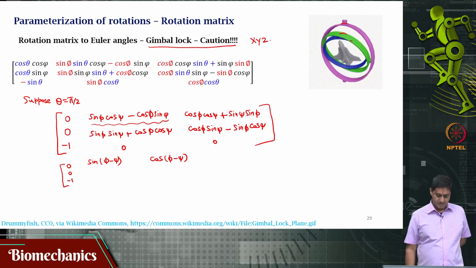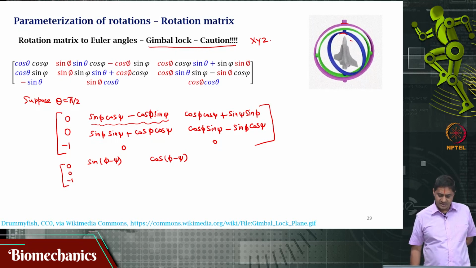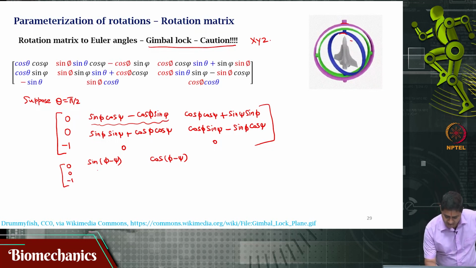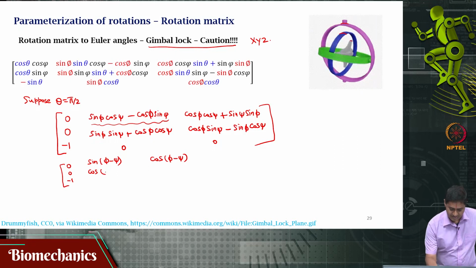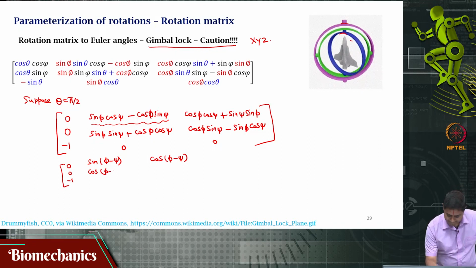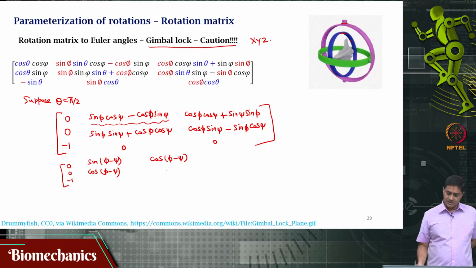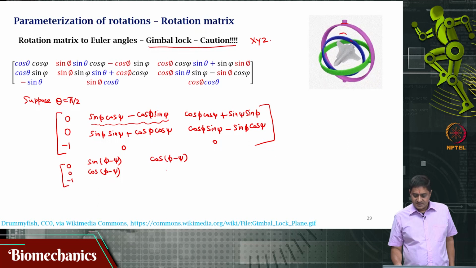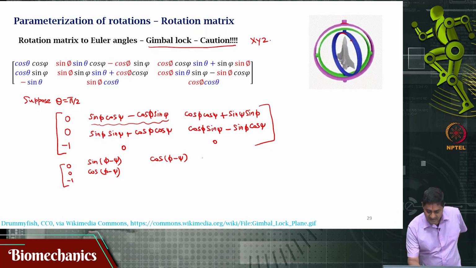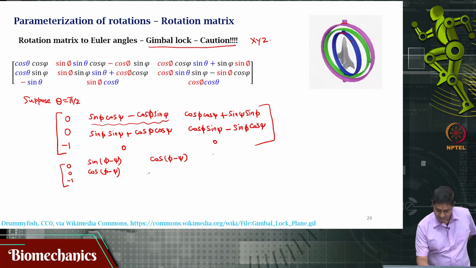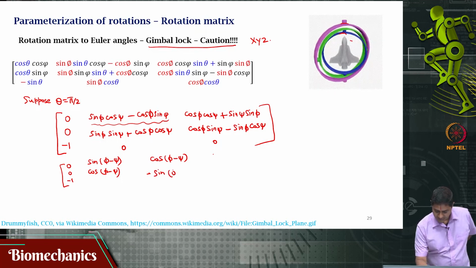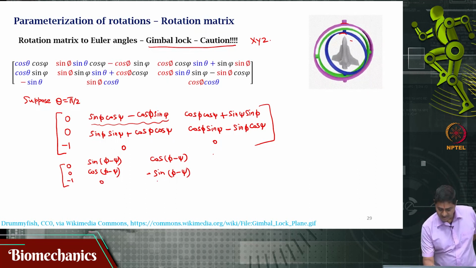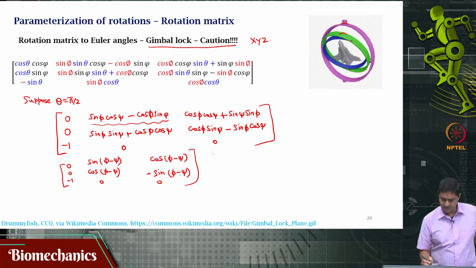The next one again is sin phi sin psi plus cos phi cos psi, that is again cos of phi minus psi. And the next one is cos phi sin psi minus sin phi cos psi, that is actually minus sin of phi minus psi. Then the next two elements are already 0, because cos theta is 0.